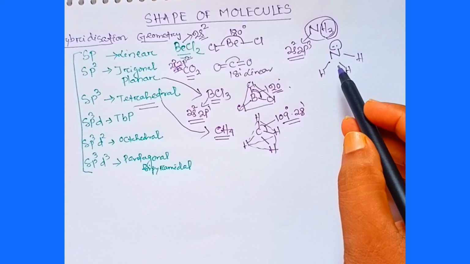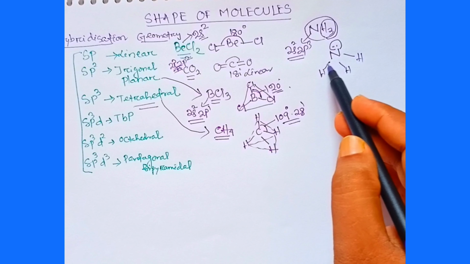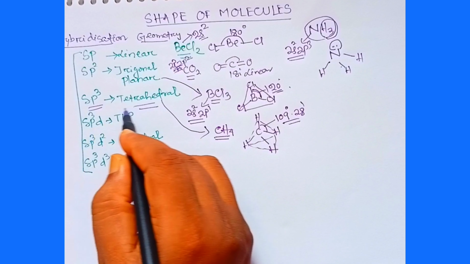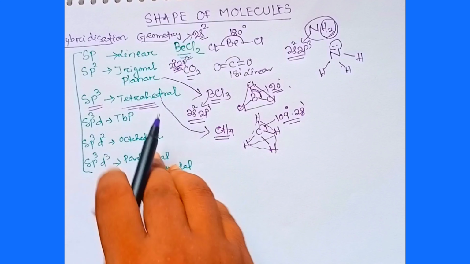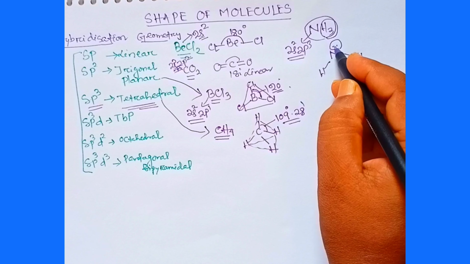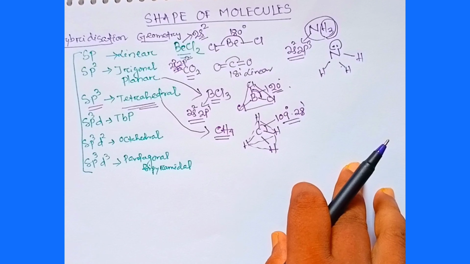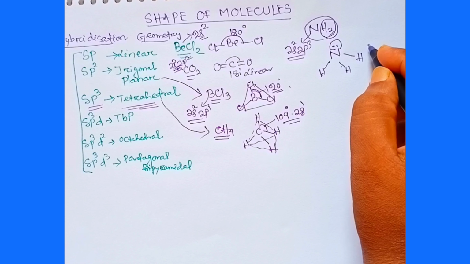Now if we count the number of lone pairs and sigma bonds, 1 2 3 4, so the hybridization will be sp3, so its geometry would be tetrahedral, but due to the presence of the lone pair the geometry will be somewhat distorted, so we can say its geometry is distorted tetrahedral.